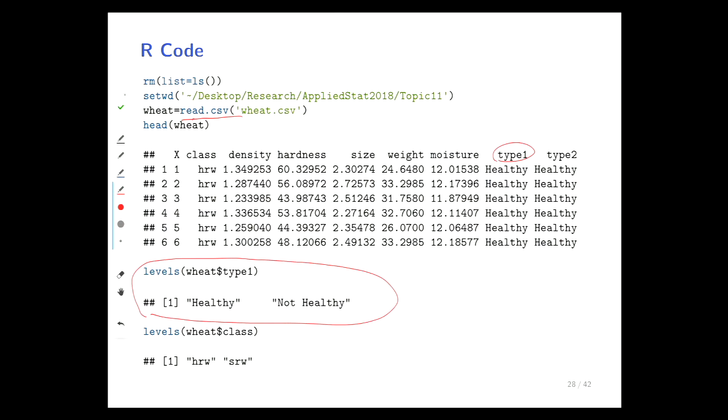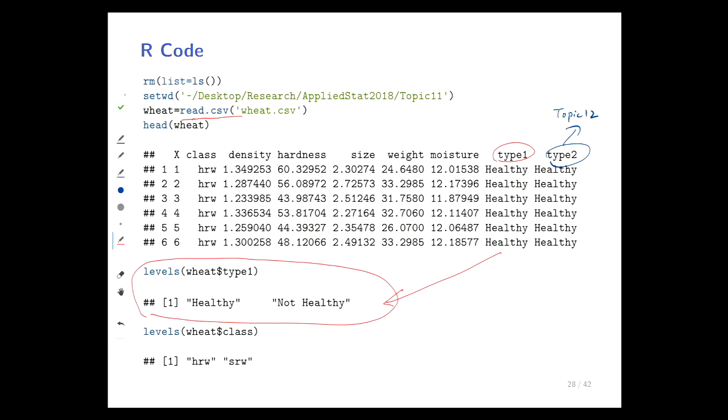So for type 1, we only have two categories, healthy and not healthy. In this topic, we focus on predicting type 1. And in the next topic, we are going to talk about type 2, but you do not need to worry about it here. That's in topic 12. So that's our response variable.